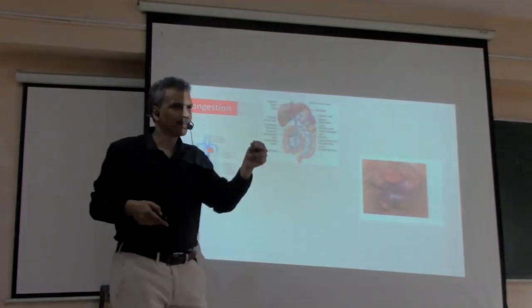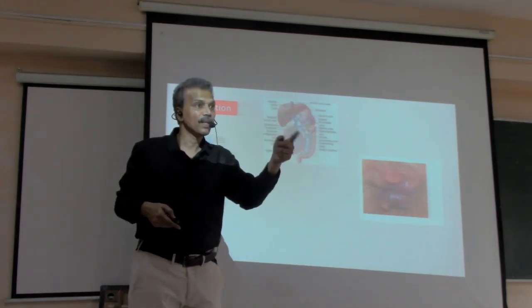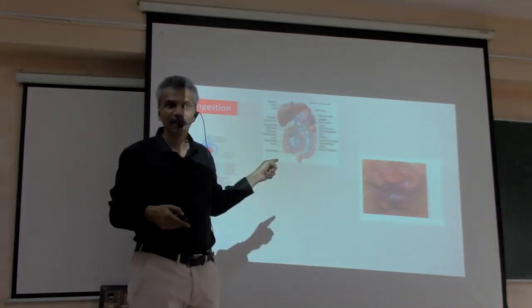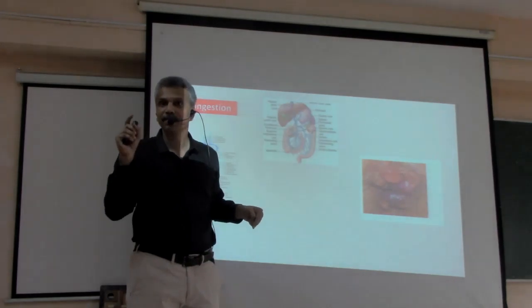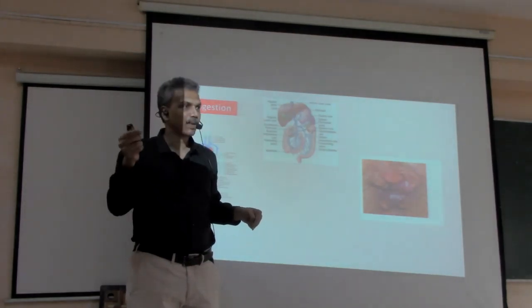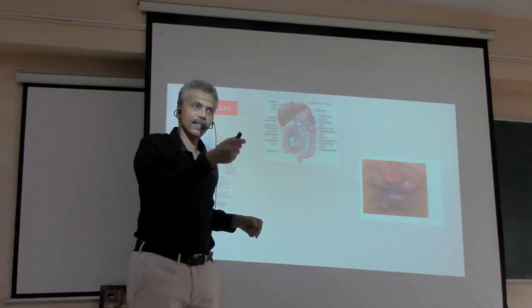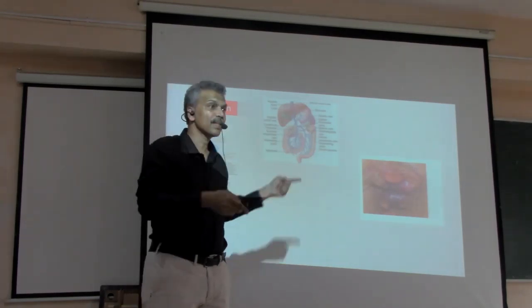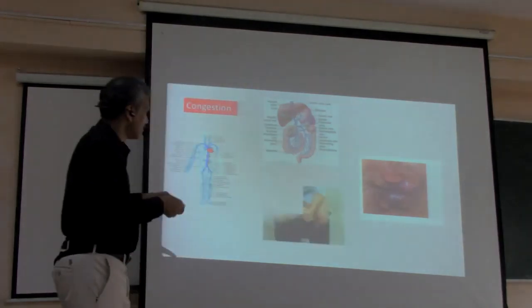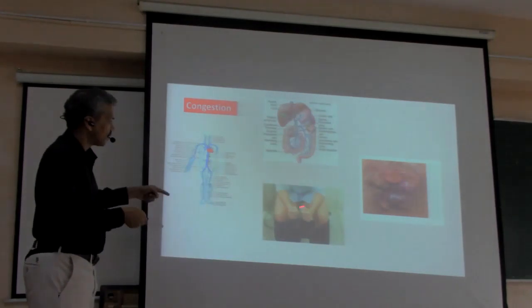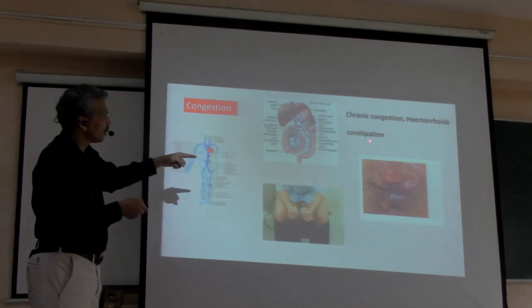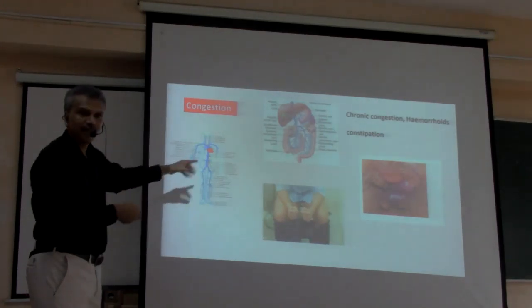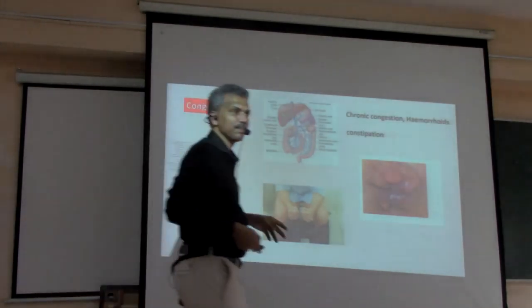The rectal veins become engorged, swollen, and this is what we commonly call hemorrhoids, or piles. In our local language, we call it piles. But medically, the word you need to use here is hemorrhoids. Okay? And again, a very good remedy for constipation. So chronic congestion, hemorrhoids and constipation is what sulfur does acting on the portal system.